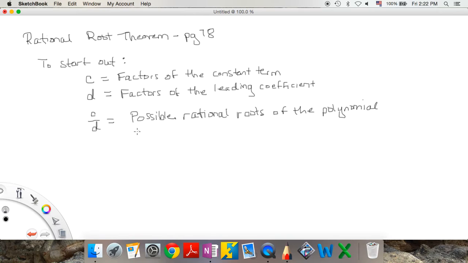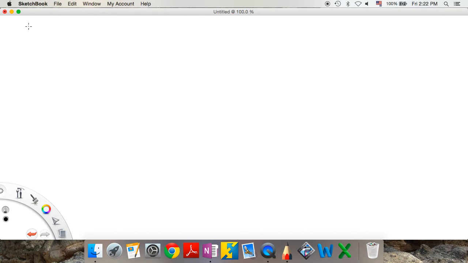So these are possibles, and you'll use synthetic division to get what you need from that. All right, so this sounds a little bit confusing, so let me just do an example so that we can see how this works. Let's say we have this function, g of x equals 3x to the 4th minus 7x cubed minus 8x squared minus 2.